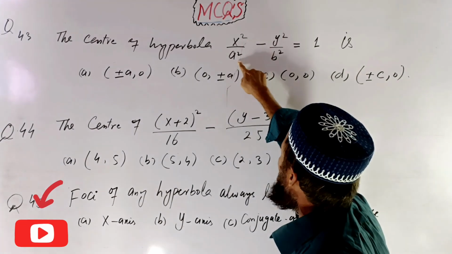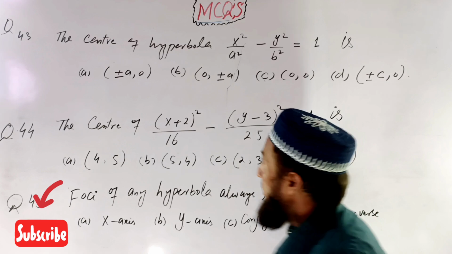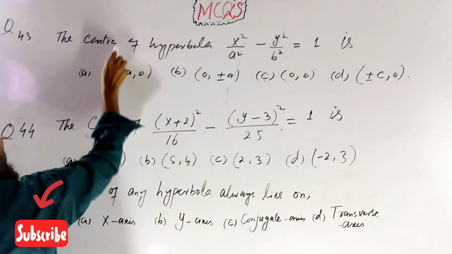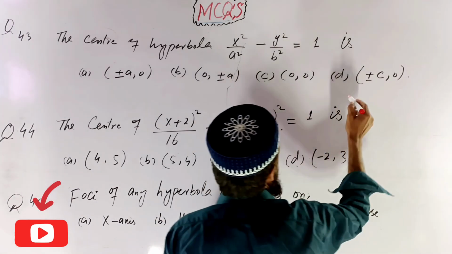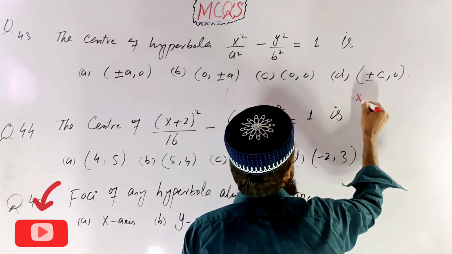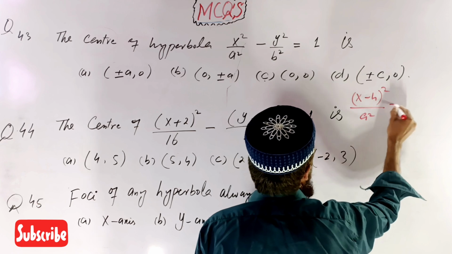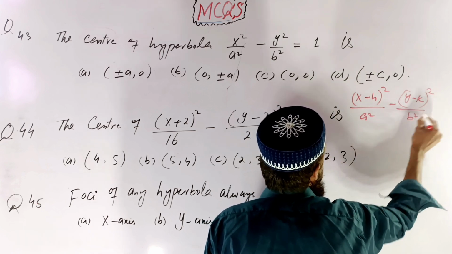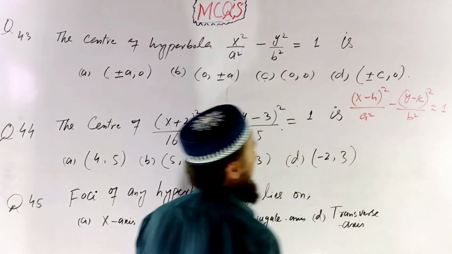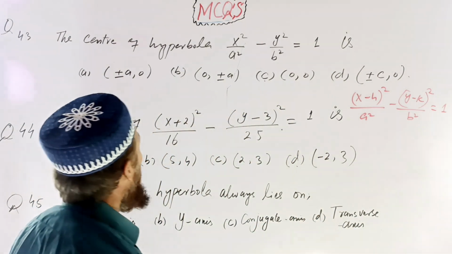The hyperbola x square divided by a square minus y square divided by b square is equal to 1, what is its center? If we compare with the shifted form, we can write x minus h whole square divided by a square minus y minus k whole square divided by b square is equal to 1. So this is the transverse axis hyperbola.